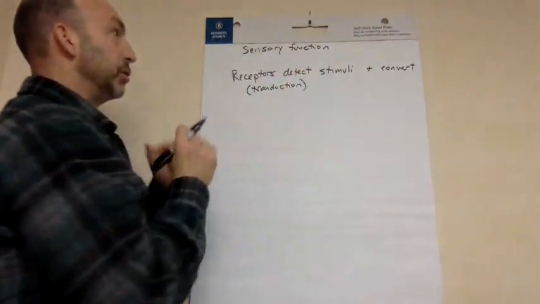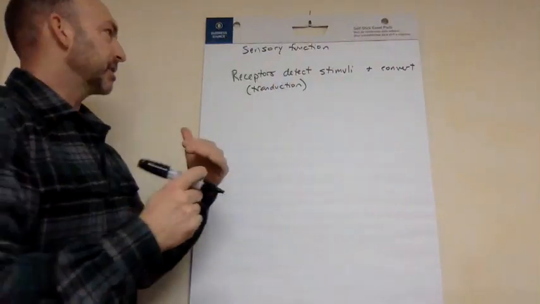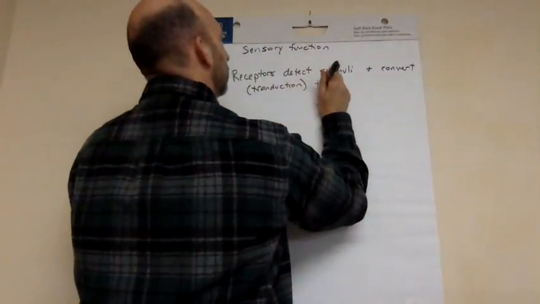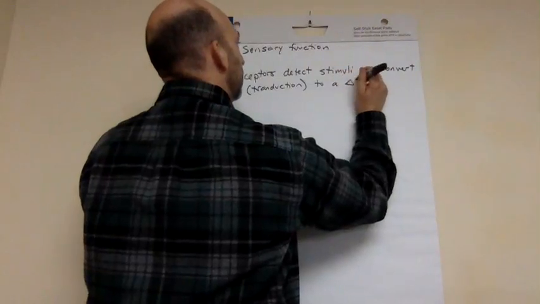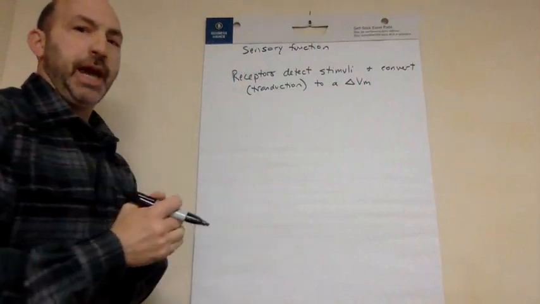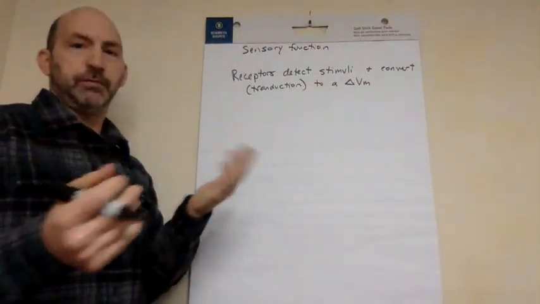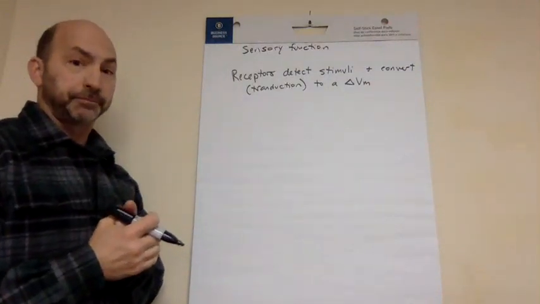So they're transducing it, converting it. That process is called transduction of a stimulus to a change in Vm. Remember, the delta sign means a change in Vm, Vm being the voltage of the membrane, right? So changing a membrane potential.